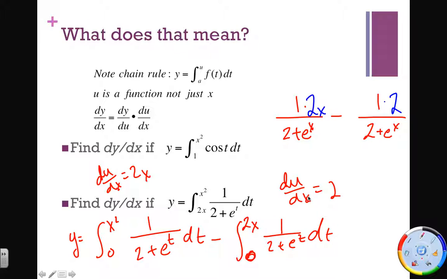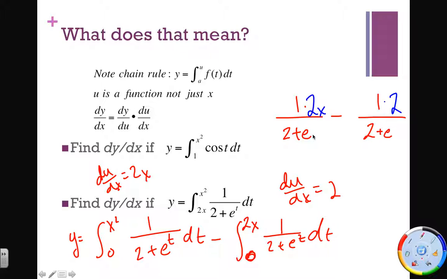And, oops, sorry, I forgot to put in the u's here. I'm not paying attention to myself because I was trying to combine the fractions. I can't do that. Here we go, erase those things. It's not to the x power here, and here's where you've got to be careful, where I was not being careful.